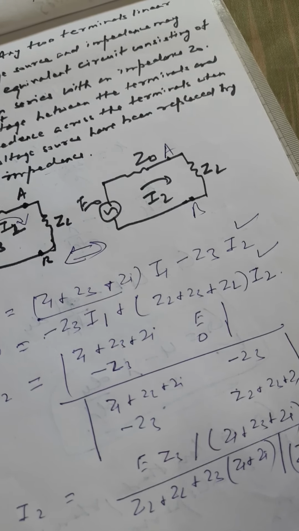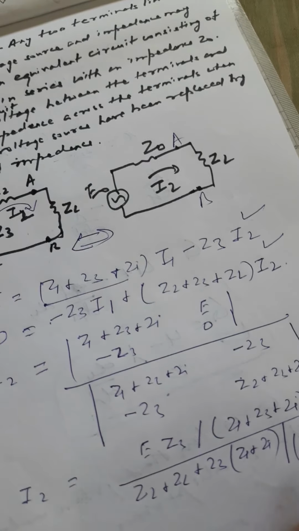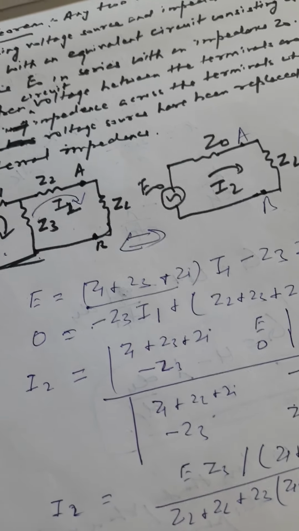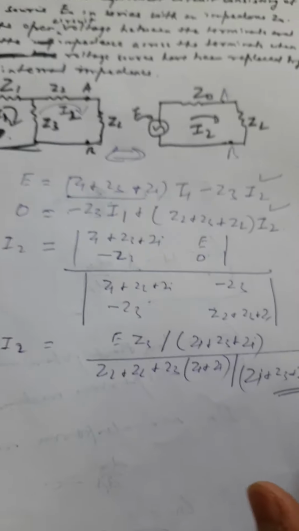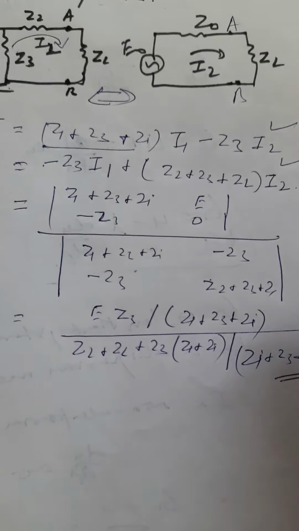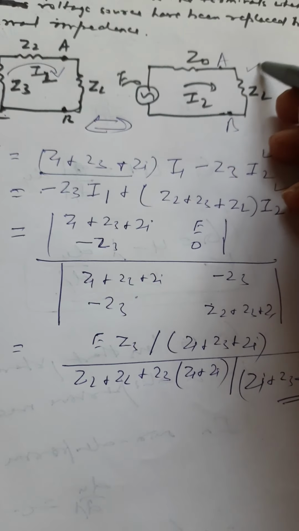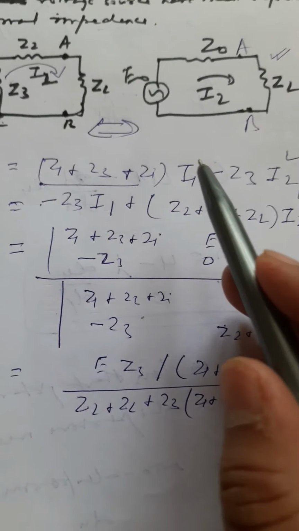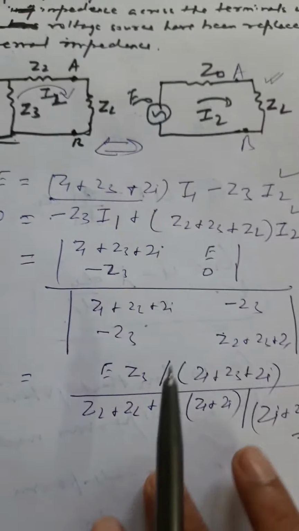So this is the value for I2. Now we have to see how we can use this particular circuit. Before moving ahead, we need to find E0 and Z0.